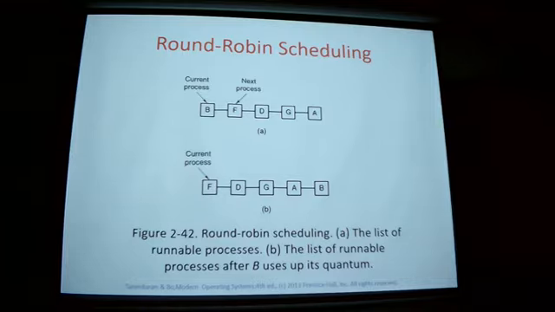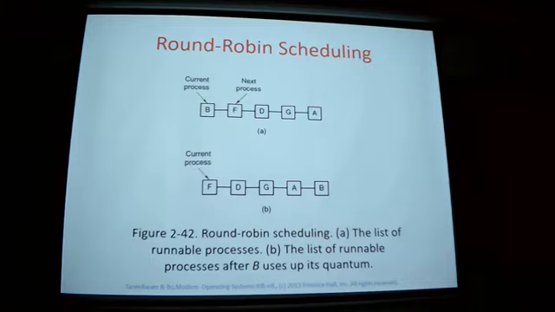Then we change the length of the quantum to 100 milliseconds, and we can get that the percentage becomes 1%. So which one is better? 20% or 1%? 1%. We only waste 1% of our time. So this one is better.